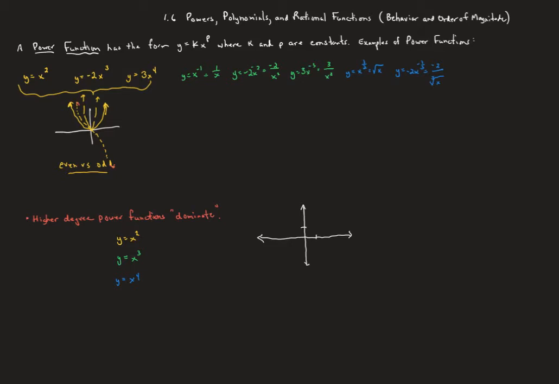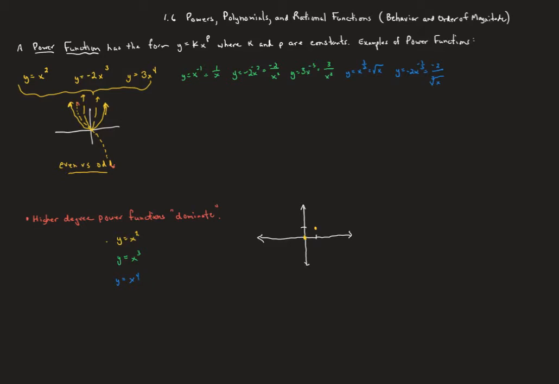We also want to note that higher degree power functions dominate. So what I mean by that, if I do a rough sketch here of y equals x squared, x to the third, and x to the fourth on the same axes, all of these will contain the point 0, 0, and also contain the point 1, 1.